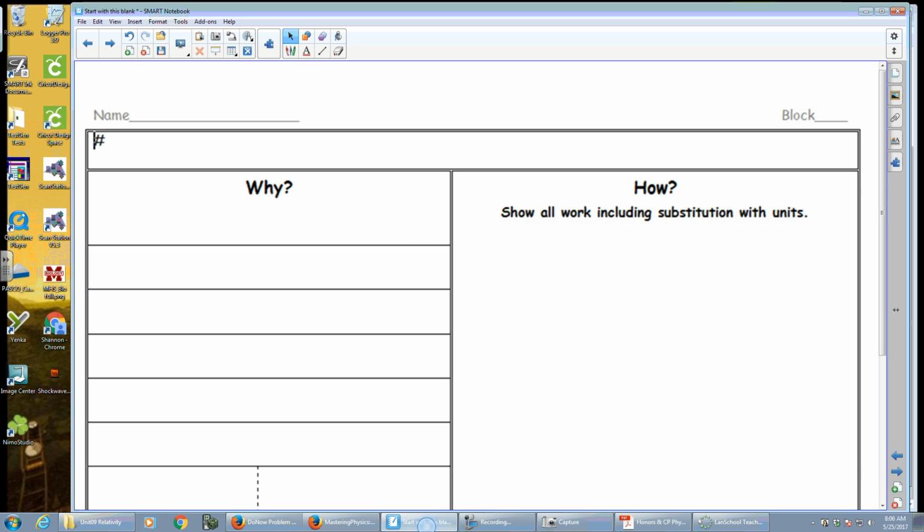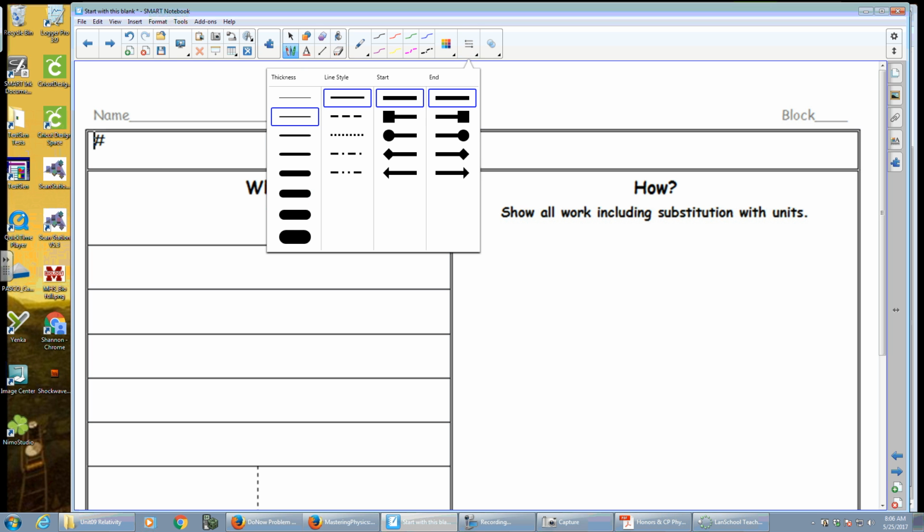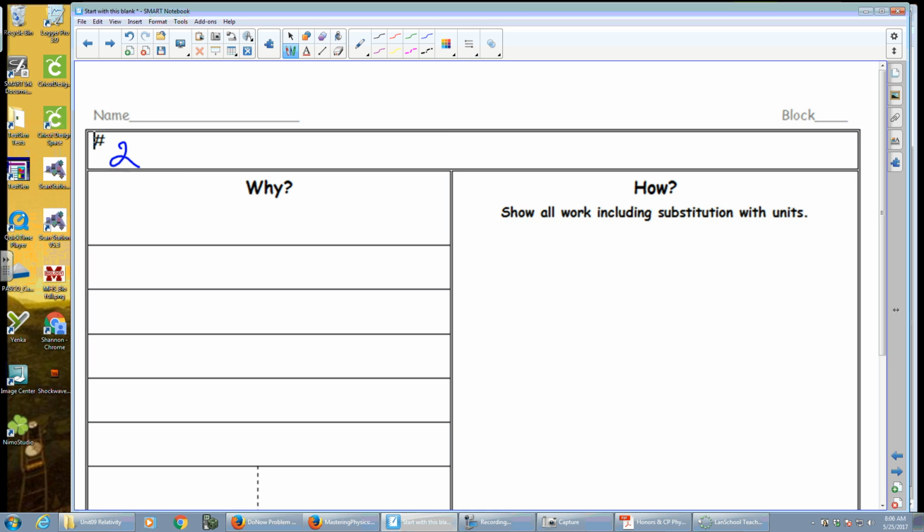So this is number 2. Current is the rate charge flows past a point.